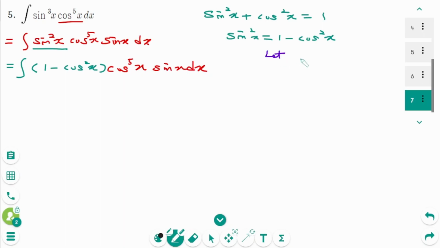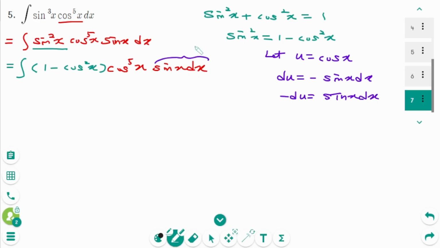Then let u equal cosine x, then differentiate each side. du equals minus sine x dx, then minus du equals sine x dx. So this part for du.